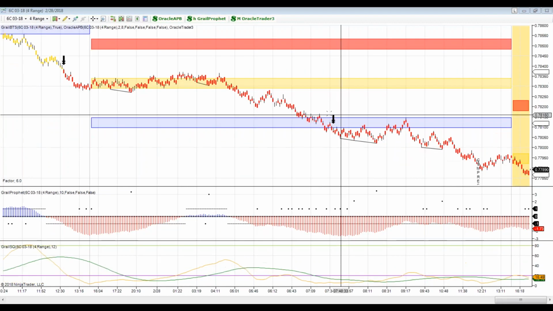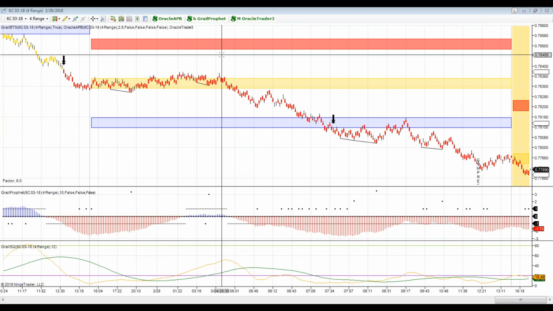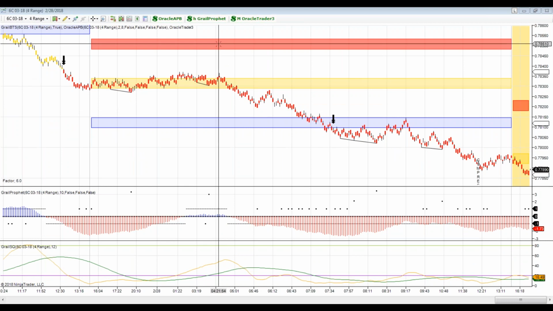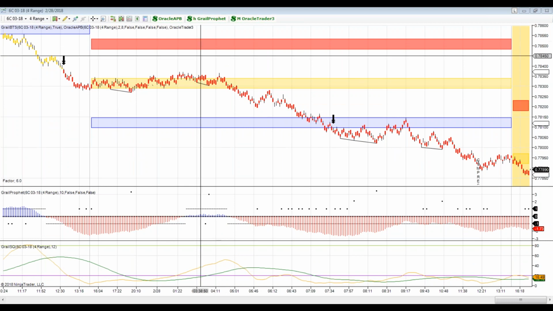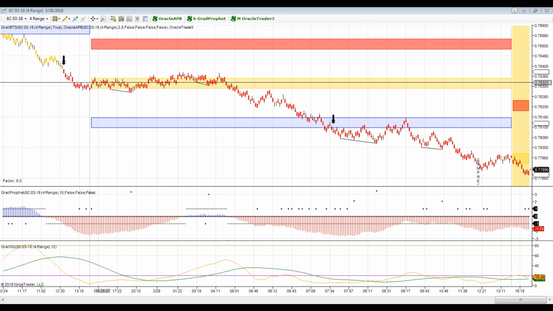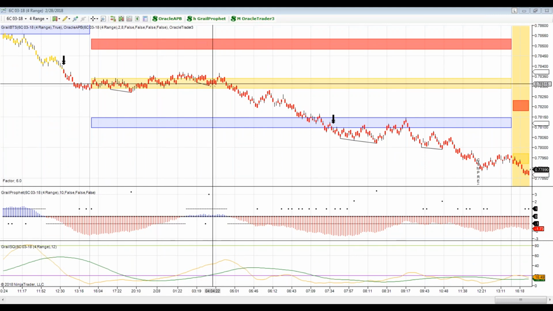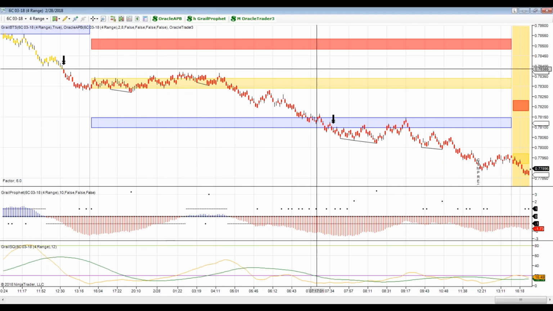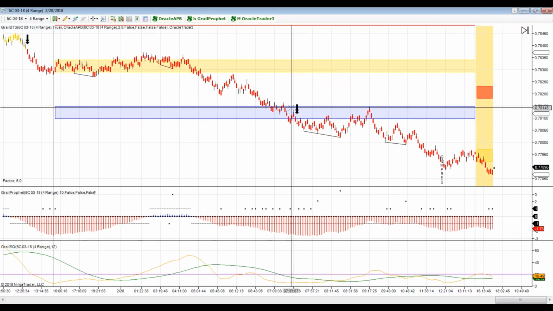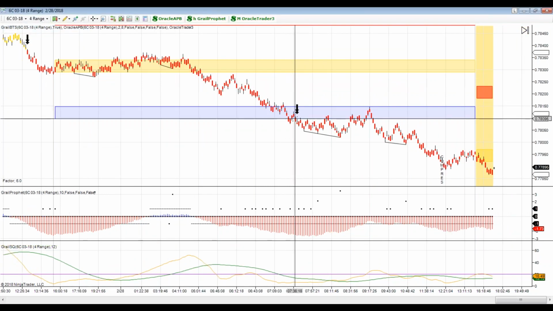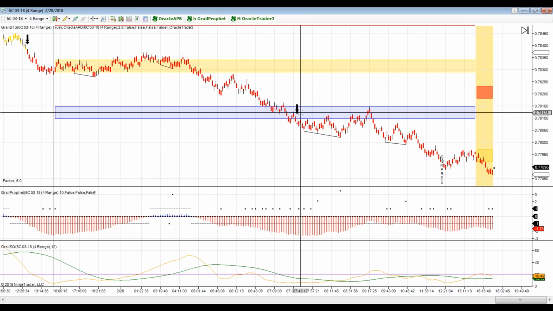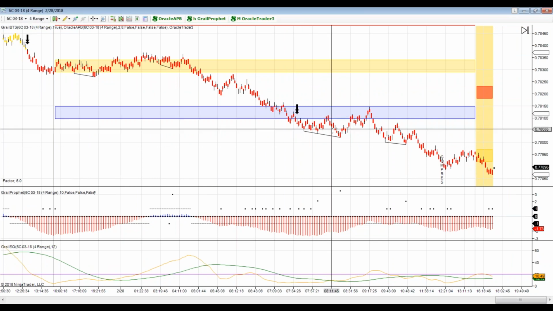Here's our Canadian dollar from Wednesday the 28th. Again, the daily trend was down coming into the session, just like a couple of the others that had a hard time rallying, couldn't really get above the gold band, and then as we moved lower, broke out to the downside through the projected buy band, and never looked back.